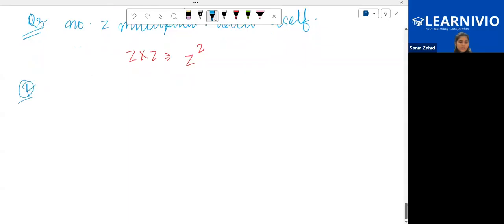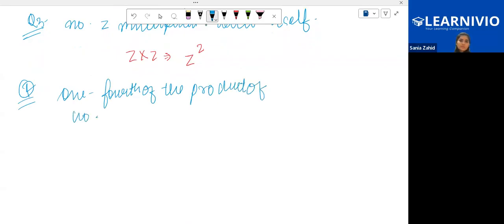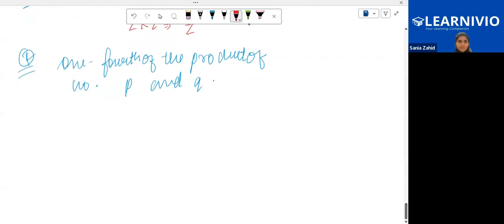Now next is question 4. 1/4 of the product of numbers p and q. 1/4 into pq. What's the answer? 1/4 multiplied by pq. Yeah, 1/4 into pq.